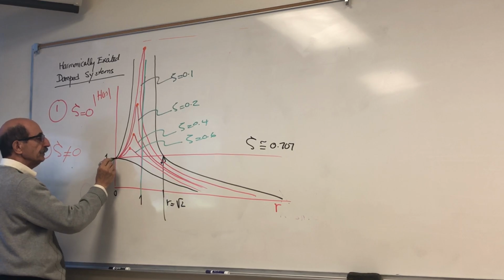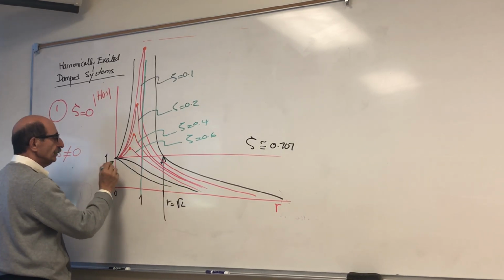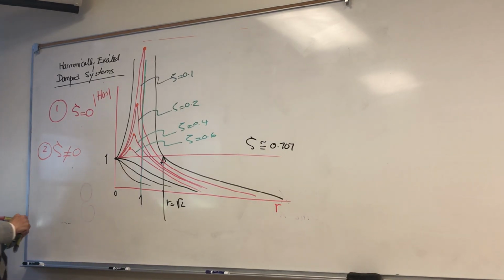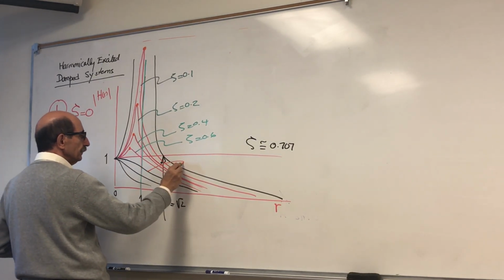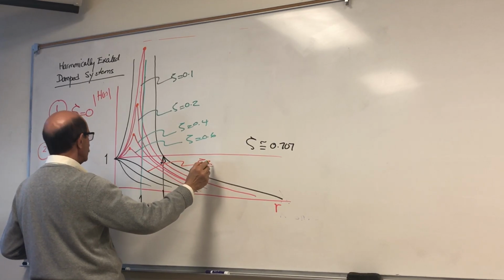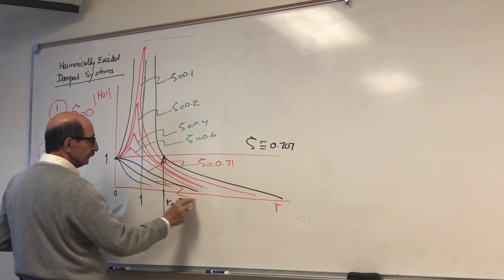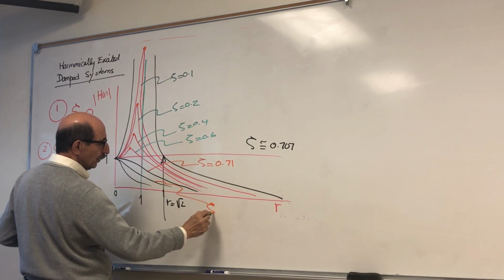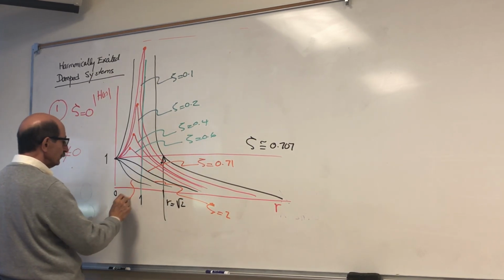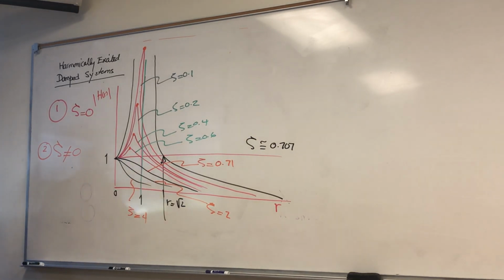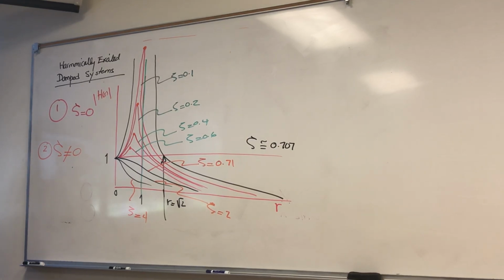And as damping increases, you get curves like this. So in other words, this is, say, for zeta 0.707, 0.1. This is zeta, say 0.2. This is zeta equal to 0.4, and so on. So, in other words, you see a few things.